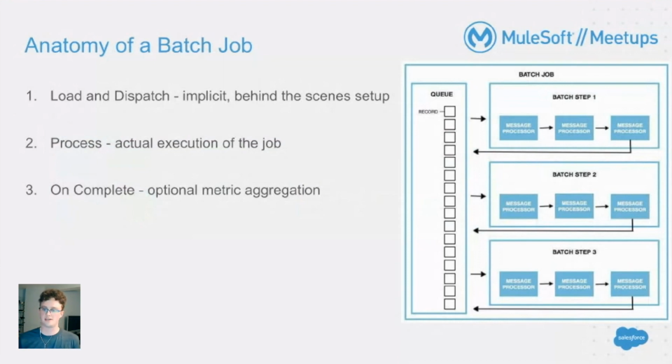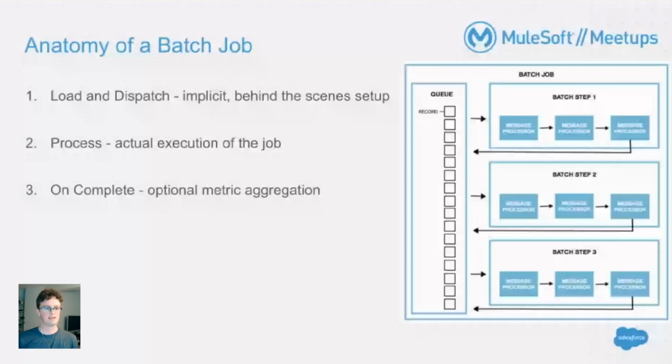If you want to set up your batch scope in a different way, you can give it arrays that are subsets of the payload, or you can give an array from a variable. But whatever array you give it, it's going to split it down into the individual elements of the array, which are called records in the way MuleSoft describes batch.